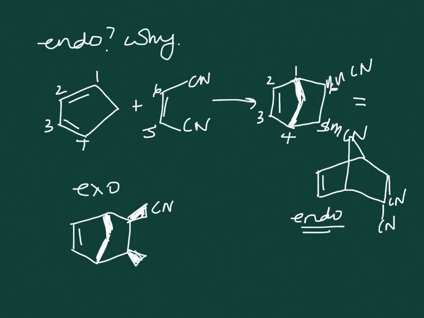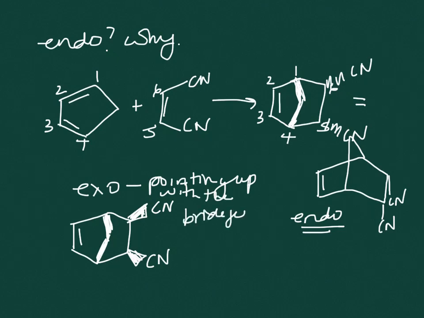And in the exo product, the substituents are pointing up with the bridge. Okay, here in the endo product, the substituents are opposite the bridge.